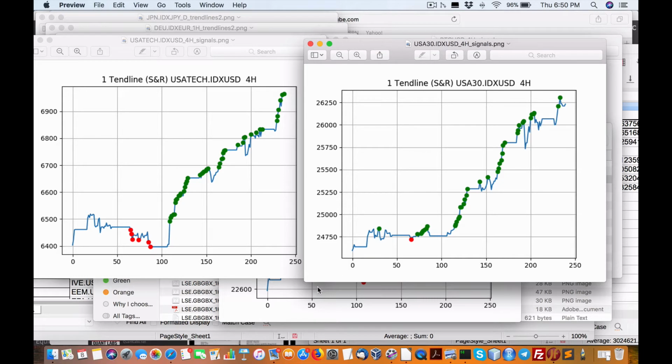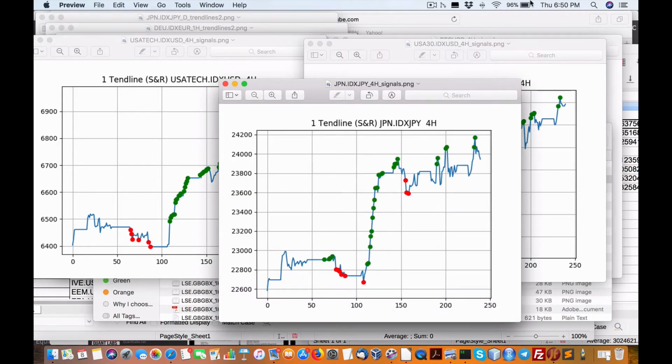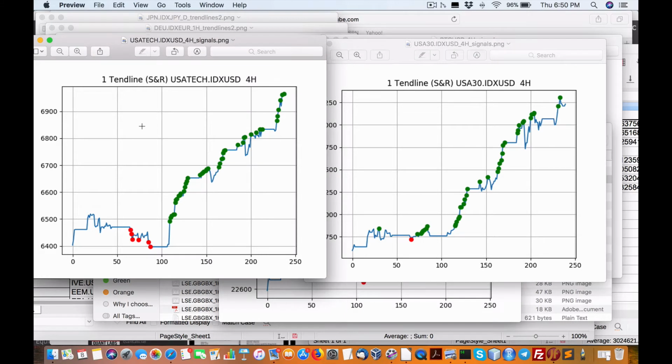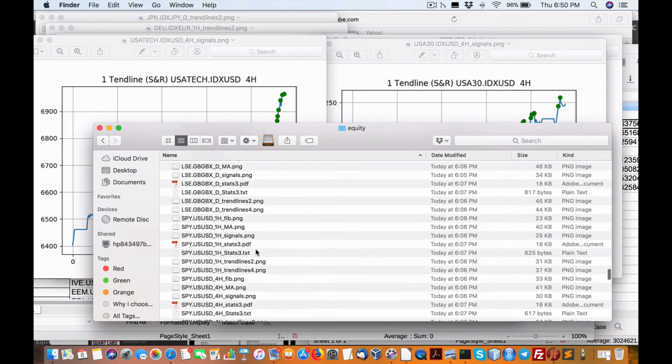So the whole point of why I'm showing you this is not just for stock picks as of today, March 8th, but the idea is to show you that these charts that are generated can be very powerful to show you where to buy, where the breakouts are, and both 4-hour, 1-hour, and on a daily chart as well. So that's the whole point of this analysis.